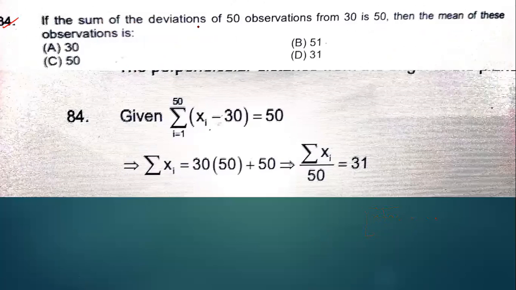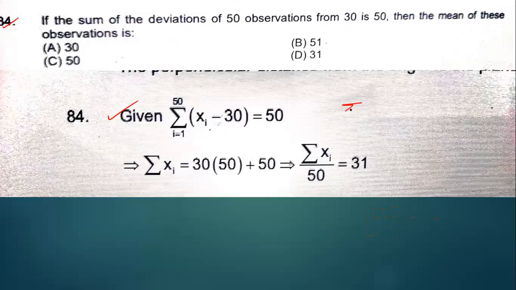The sum of deviations of 50 observations from 30 is 50. Then find the mean of these observations. Deviations of 50 observations from 30 means this is the formula: sigma of (xi minus 30) is equal to 50.